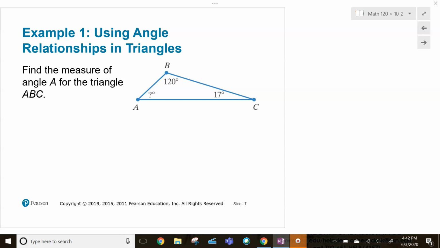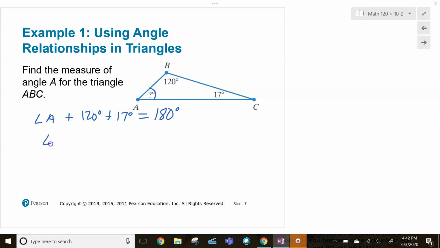Let's use that information to find the measure of angle A for the triangle. This angle A we don't know, and we know the three interior angles of a triangle all add up to 180 degrees, Euclid's theorem.